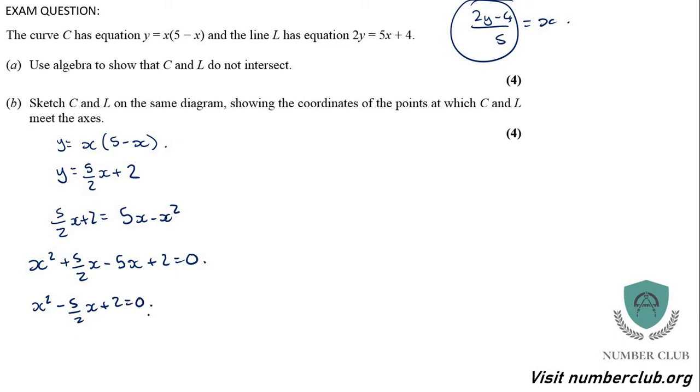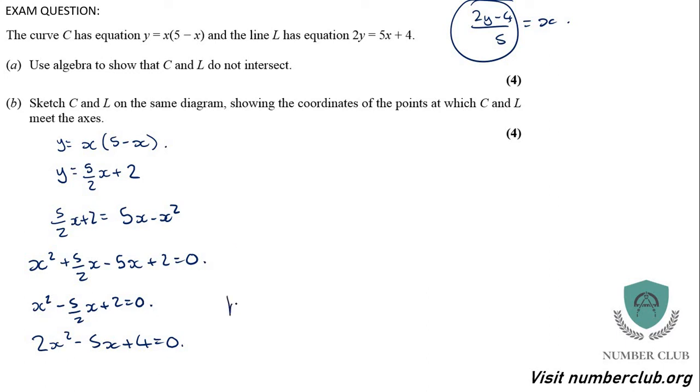And we're going to use a discriminant here. You can use a discriminant with it as it is, or you can use it with 2x squared minus 5x plus 4 equals 0. I tend not to like the fractions, so I'll go with this, and I'll produce a discriminant for that. It's fine to do that sort of thing.